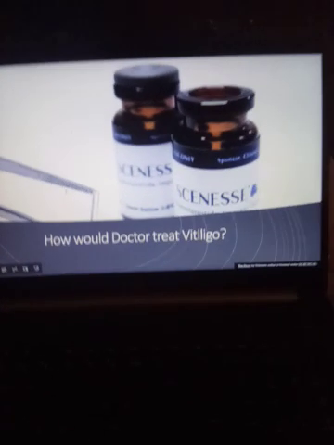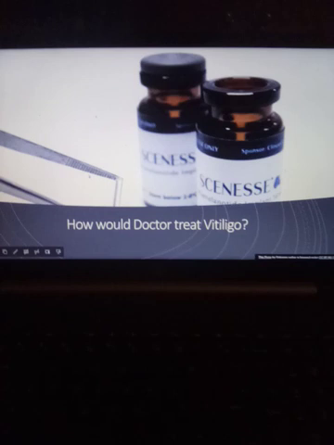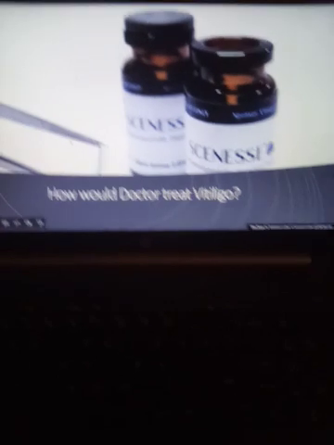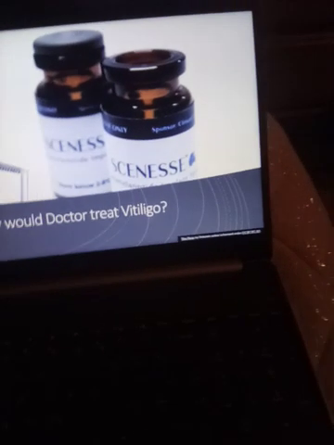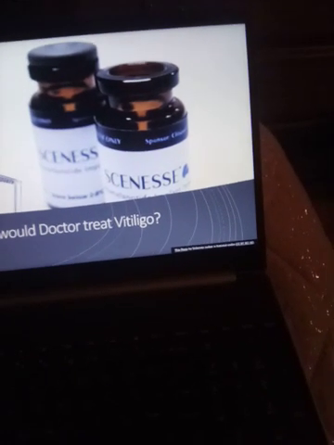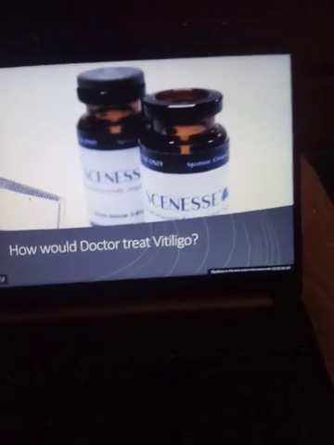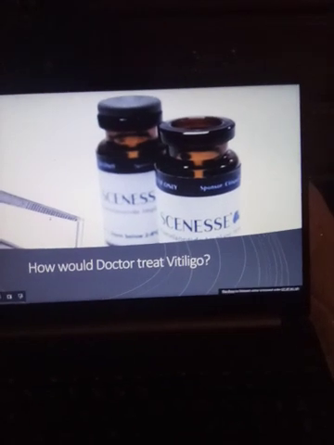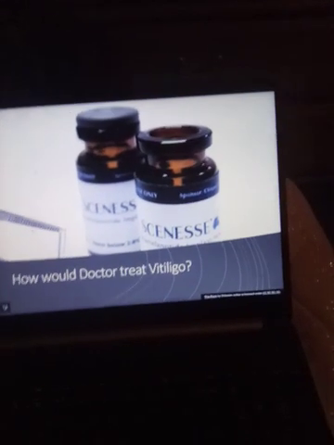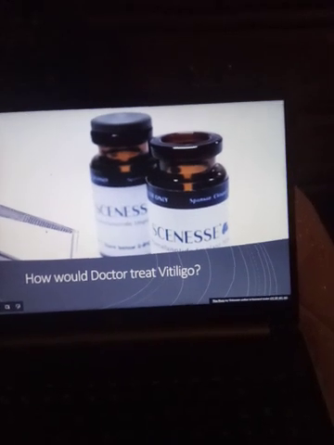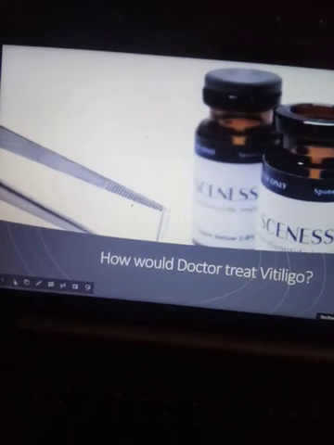To treat vitiligo, there is no known cure, but there are creams and medications that can help. The treatments usually have bad side effects, but they can help with the disease.